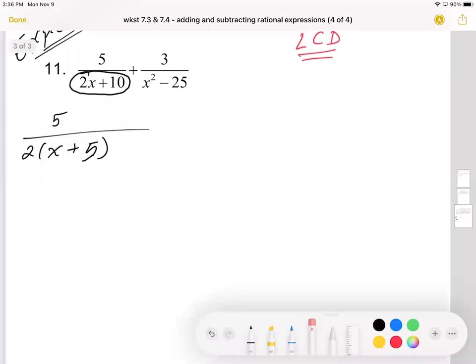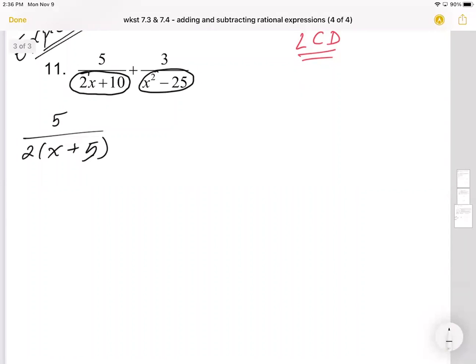And if you look at this denominator, do you agree that this right here is a perfect binomial? And if it is, one of them is positive and one of them is negative. So this is what we have, ladies and gentlemen. We factor the denominator out.